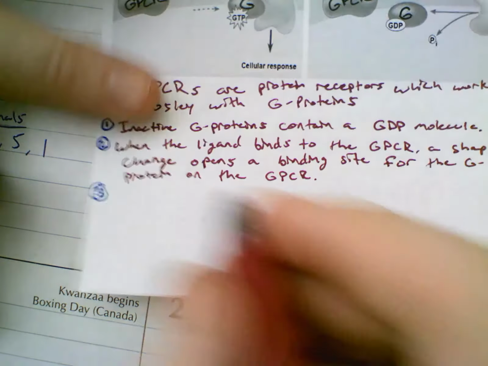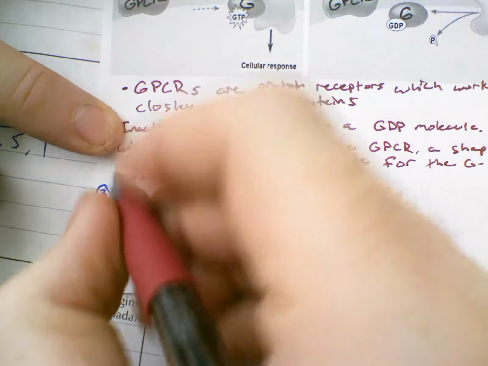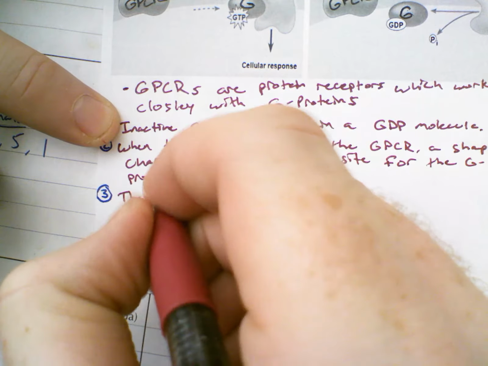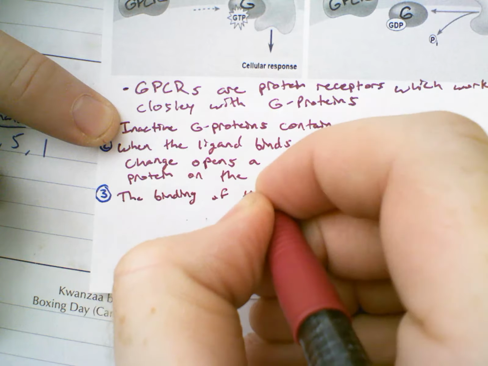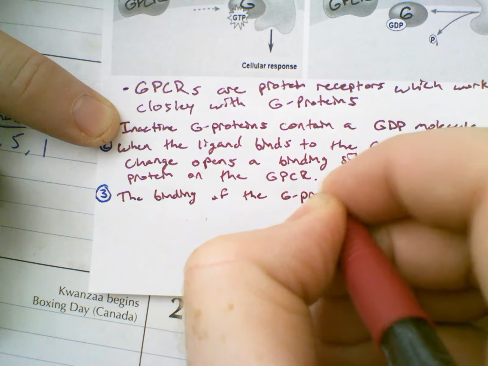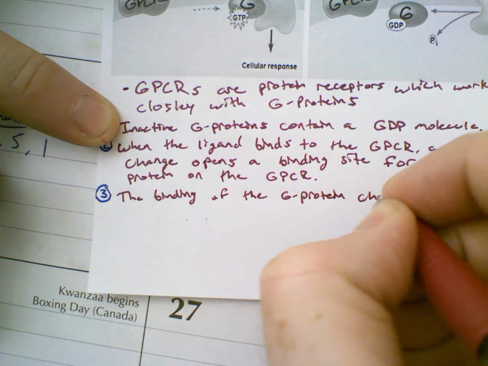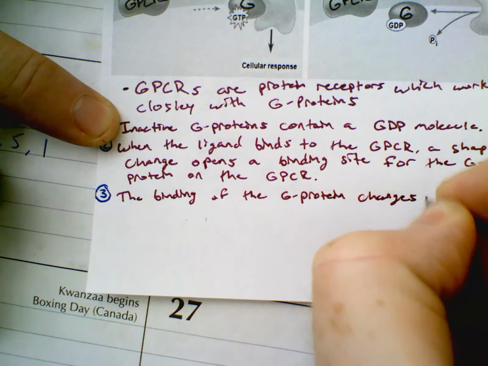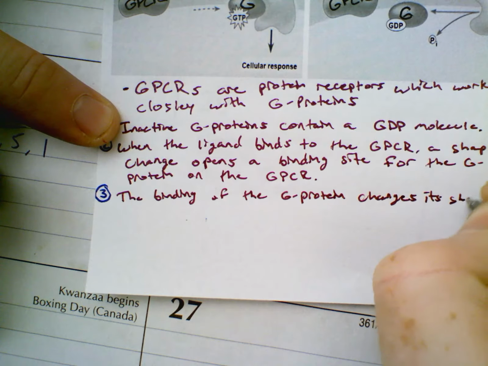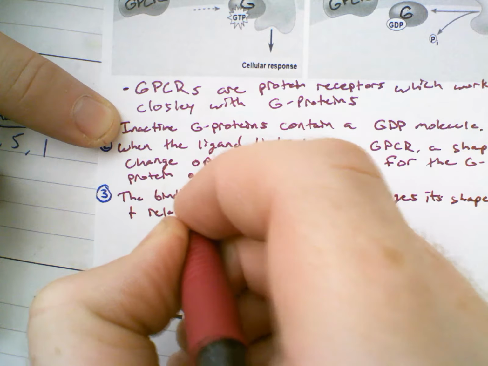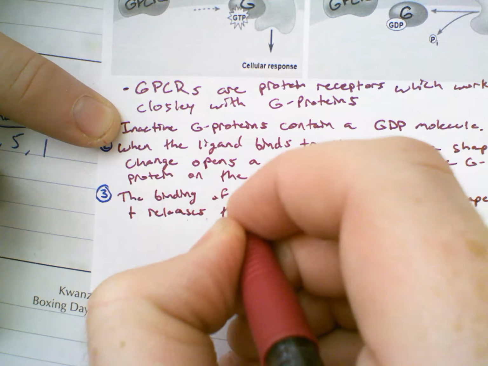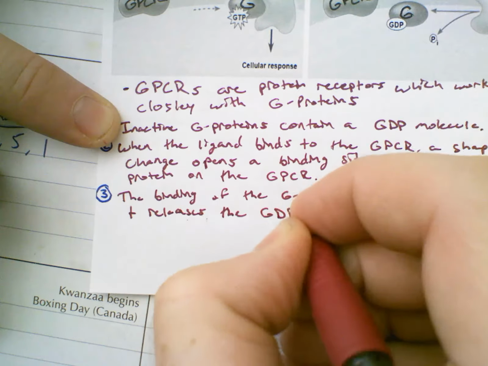Okay? So the binding of the G protein changes its shape and releases the GDP.